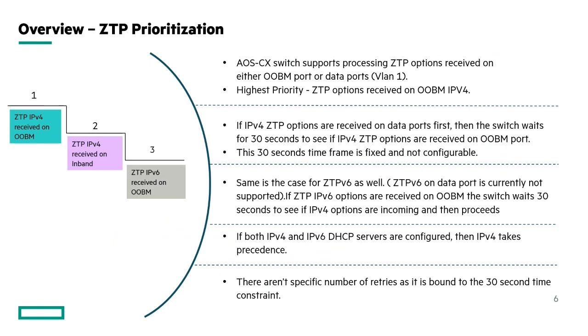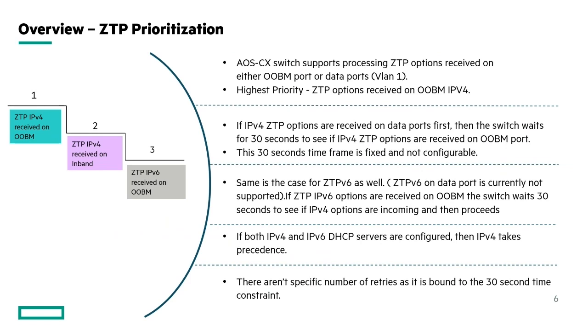So let's imagine a scenario where IPv4 is detected on in-band ports first. The switch waits for 30 seconds to check for any ZTP IPv4 options on the OOBM before proceeding, because OOBM IPv4 is always given the highest priority. This 30-second time frame is fixed and cannot be configured. If both IPv4 and IPv6 DHCP servers are active, then IPv4 takes precedence.